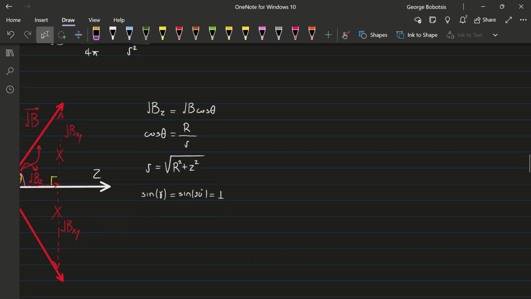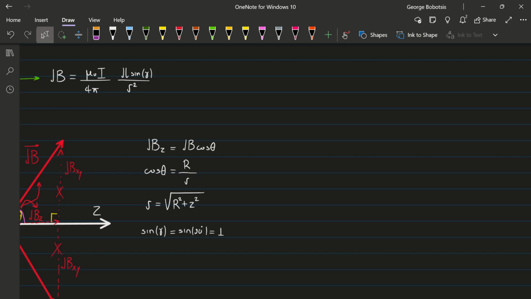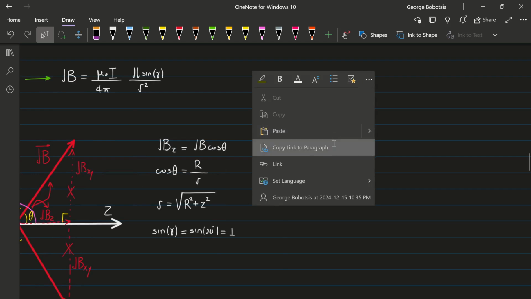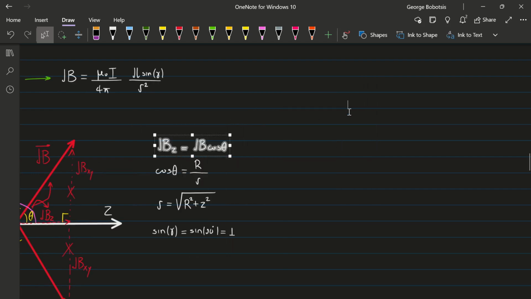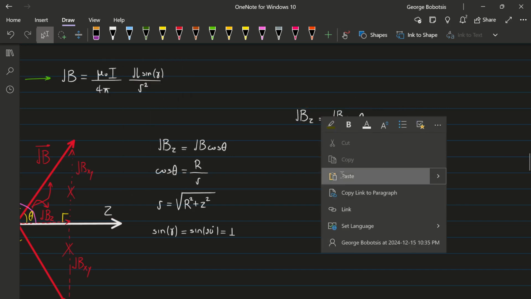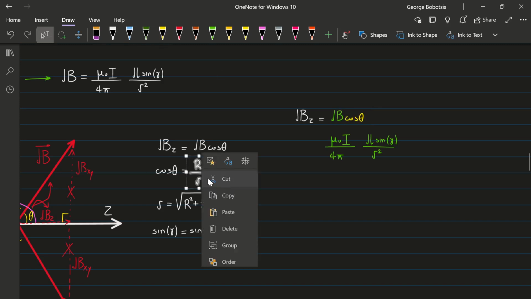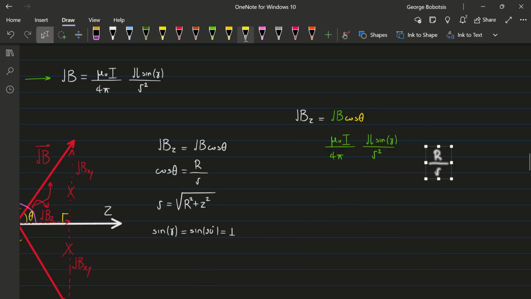I think it's time we put everything back together. So I'll start at this level. Here's dBz. I'm going to start on the right. I'm going to put dB in afterwards. So that's going to be dB over here, cos theta, and I'm going to fill it in with what it is right there. And then I keep going.